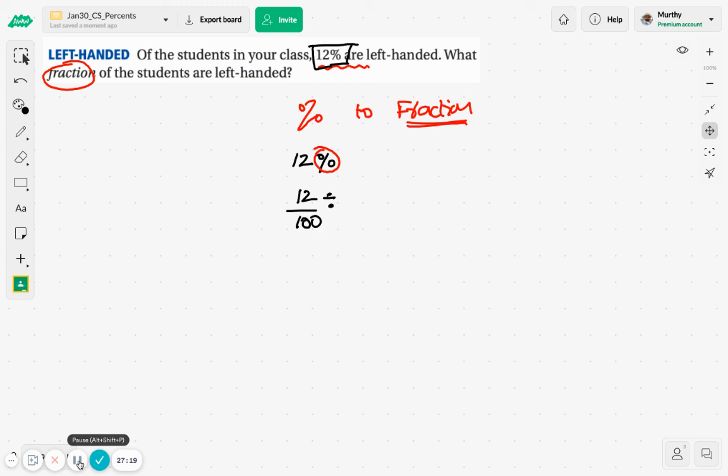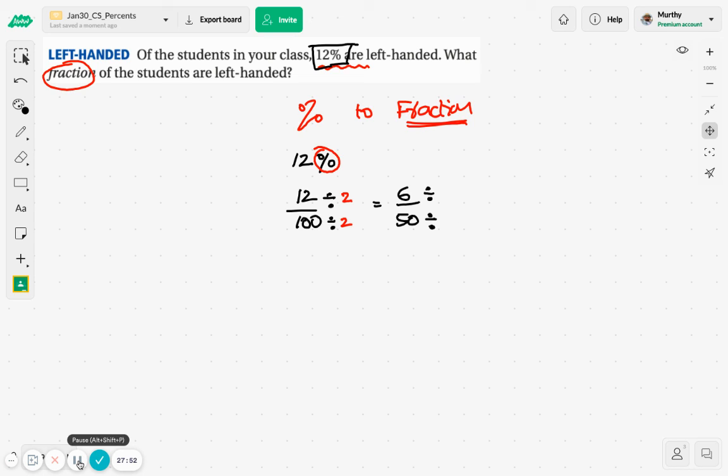Now let me think, by what value can I divide both the numerator and denominator? You need not think of large numbers; you can start with small values like 2 if you are not sure what value to divide by. So 12 divided by 2 gives me 6, and 100 divided by 2 gives me 50. Again I have to think, can I divide the numerator and denominator by any value?